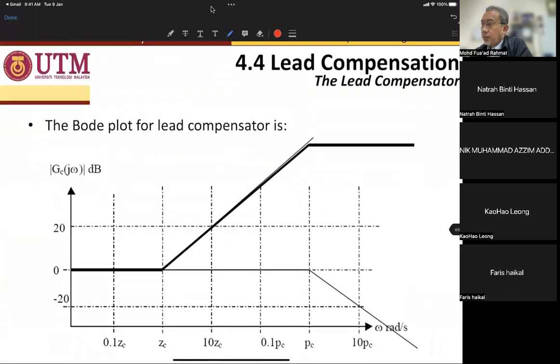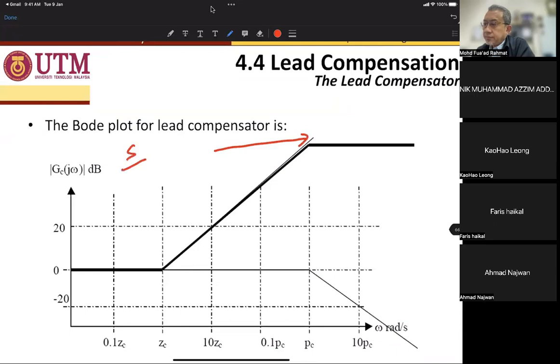So the response of the lead compensator is shown here, where you have three graphs. This graph is where ZC is the break frequency.